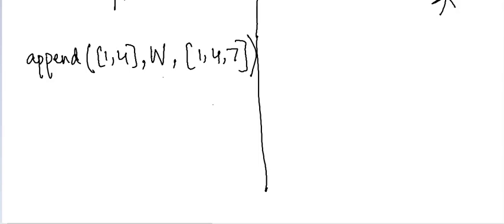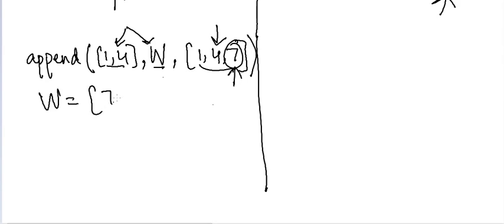Okay, what about this one? Well, once again, this is the final array and it has been created from these two arrays, right? So this is the first array and this was the second array that was appended to the first array, and this was the result. So w in this case is going to be equal to this element 7.